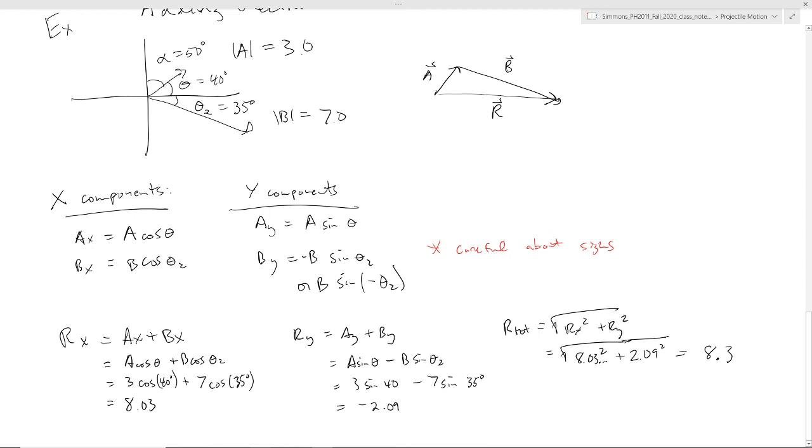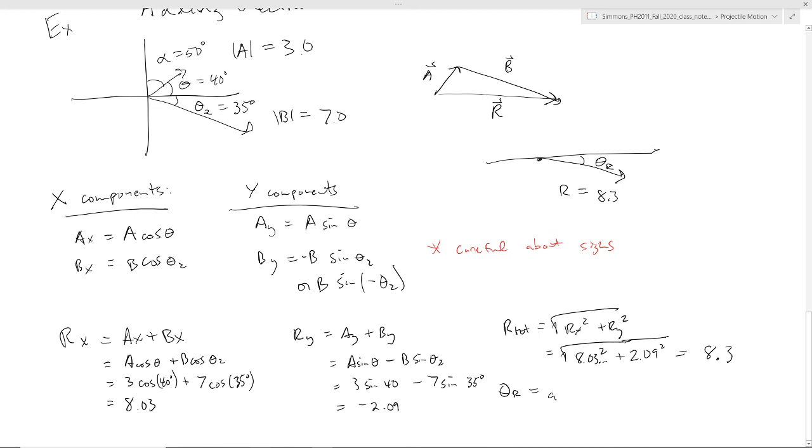And then the other piece of information that we could get would be the angle. So what angle is that at? My picture is not super good here, but we know that this thing has a magnitude of 8.3. The other thing that we're trying to find is the angle. So let me call that theta r. And like I described above, we can get that from the tangent.